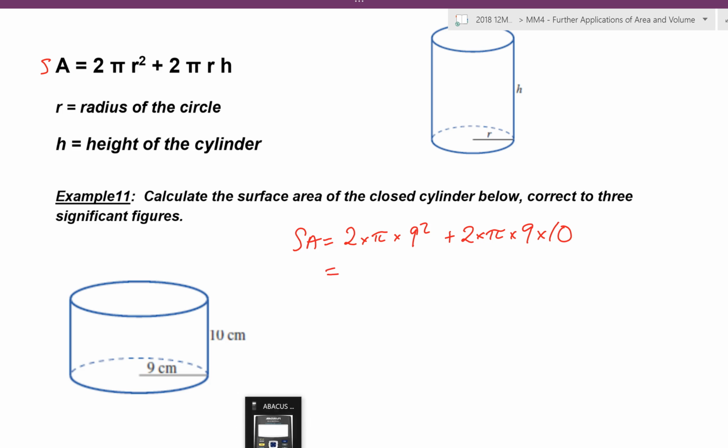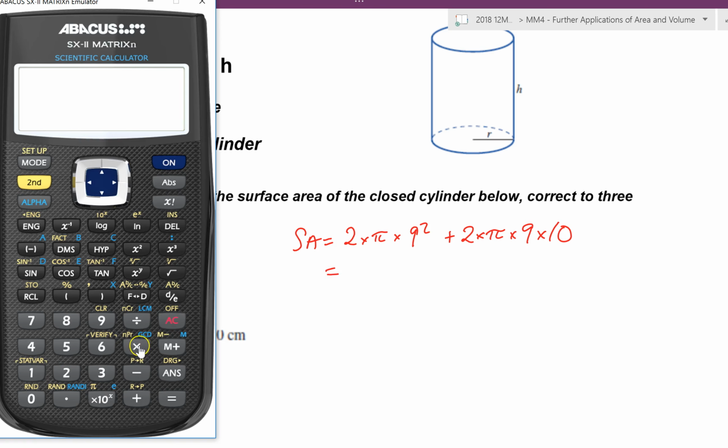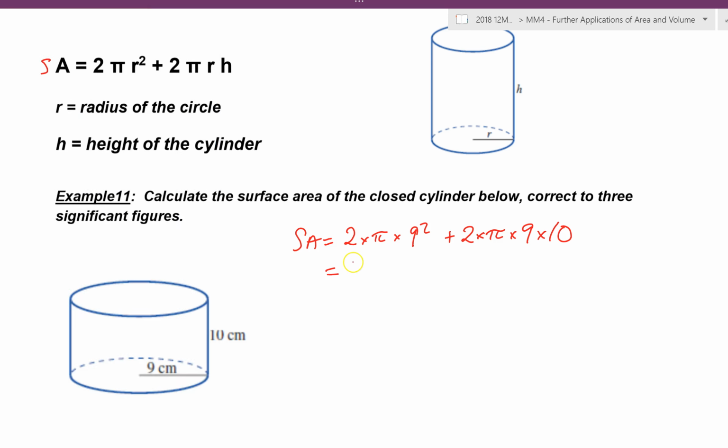Now, trusty calculator. 2 times pi times 9 squared, plus 2 times pi times 9 times 10. That all looks good. Equals 1074.42, but it says 3 significant figures, so that's 1070 square centimeters. 1070 square centimeters, 3 significant figures. Wonderful.